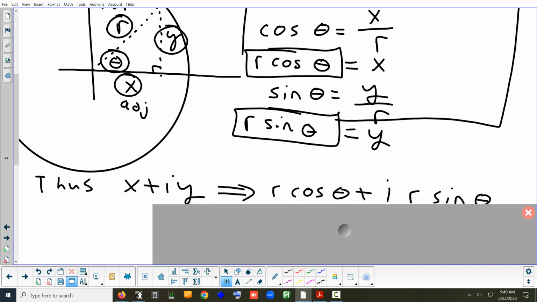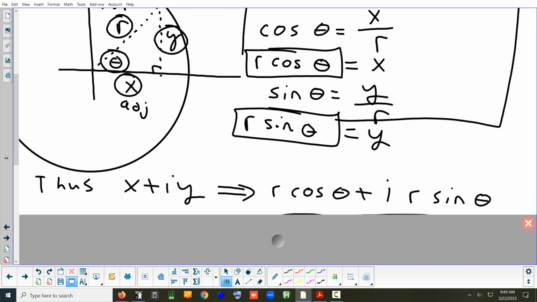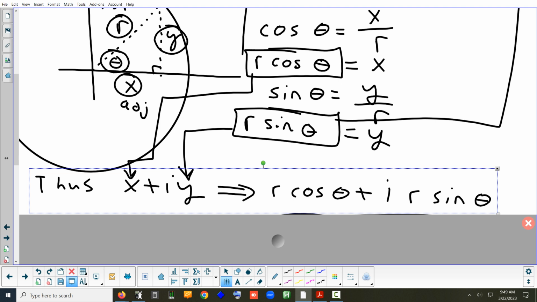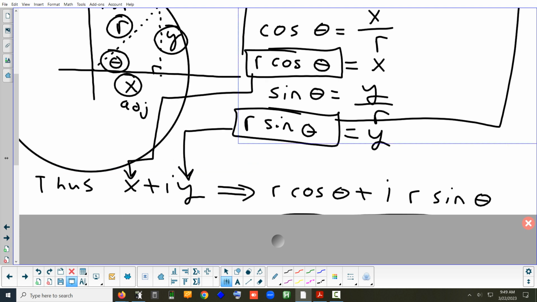So x turns into r cosine theta, and y turns into r sine theta. If you make those two substitutions exactly the way that I'm pointing to them, you have r cosine theta plus, we didn't do anything with the i, so that stays right where it is, and y turns into r sine theta.